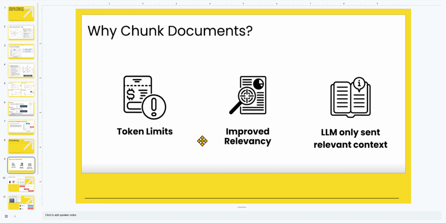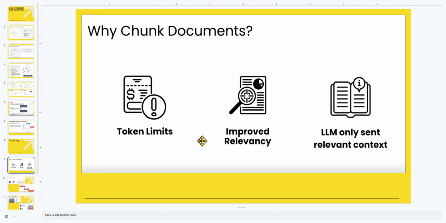Let's imagine you don't do chunking and you send a 1,000-page document to the LLM, which means you have, I don't know, 10,000 words or 1 million words, and so many words will convert to so many tokens, which means it is a very expensive LLM query.